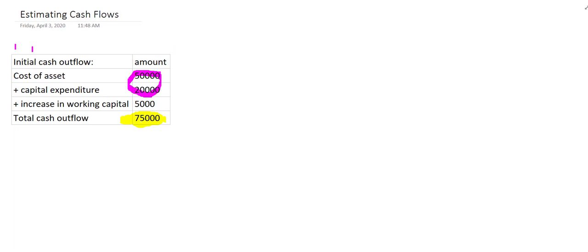Which total 70,000: 50,000 on this one and 20,000 on this one. So this was regarding the initial cash outflow that we have calculated. Now let us calculate the second part.